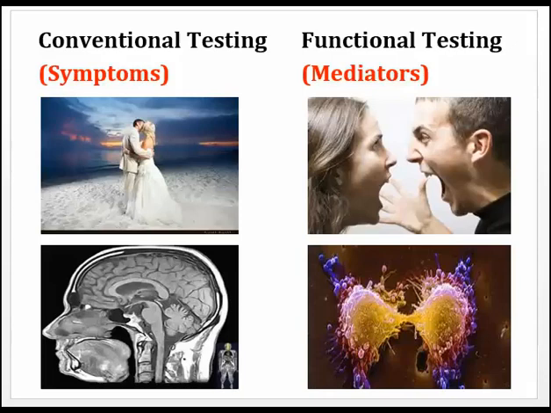We have to do more advanced testing. When somebody has gastrointestinal upset and food sensitivities, and you do an endoscopy and a colonoscopy and everything is normal, and you tell the patient that everything is fine, then they're left to think that it's all in their head. And so we need to have other ways of testing this. The functional testing really looks at the mediators, and the conventional testing is really looking at the symptoms.